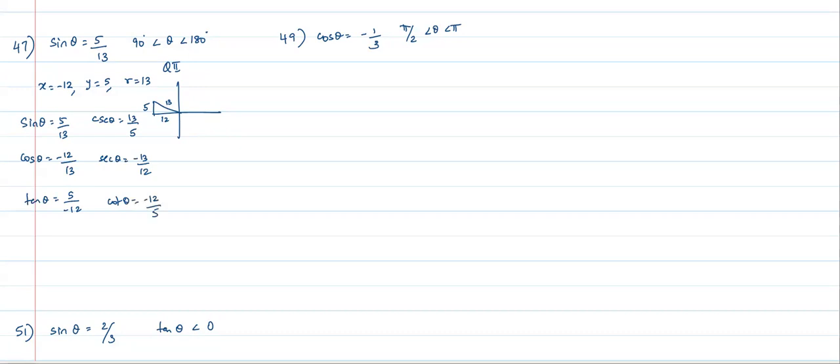Now same thing here. Pi/2 to pi is also quadrant 2. So then you have something like this. Your x value is 1, r value is 3. You have to find the y value. So x squared plus y squared is r squared.